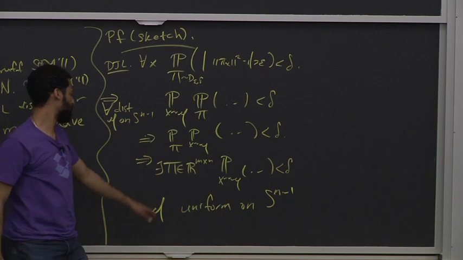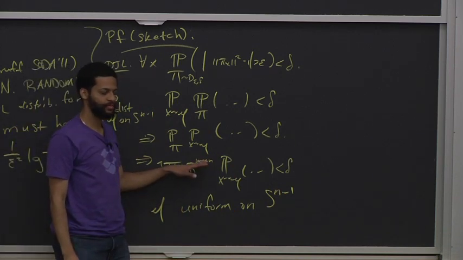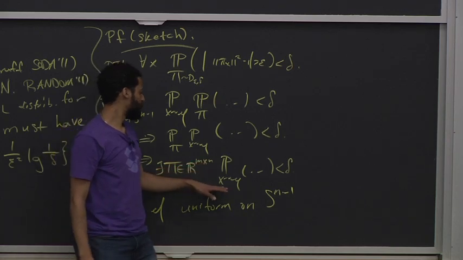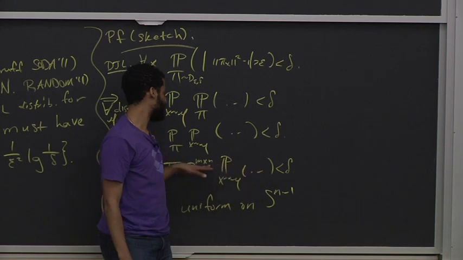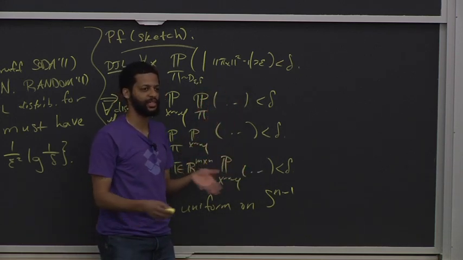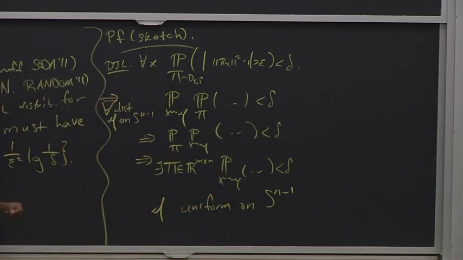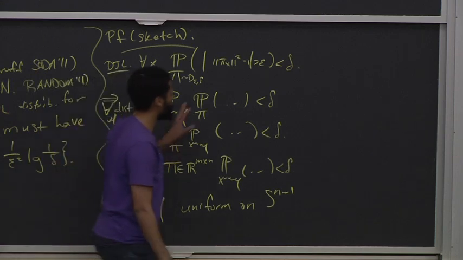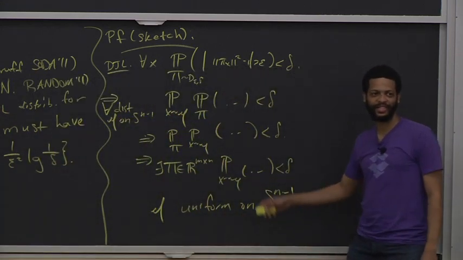And then what you argue is you say, look, if you take any fixed matrix pi with only m rows, then it's not going to be able to preserve a random vector on the sphere unless m is at least 1 over epsilon squared log 1 over delta. That requires some analysis, but that's the sketch of the proof. Okay? So I'm not going to do the details here. I don't want to write QED because I didn't actually prove anything, but this is roughly how the proof goes.